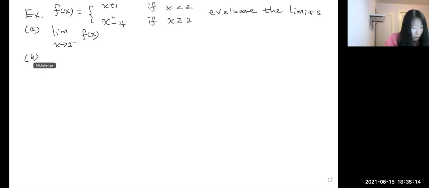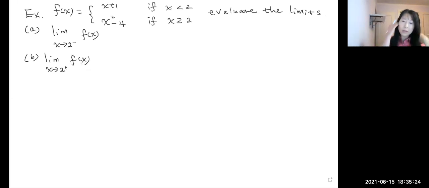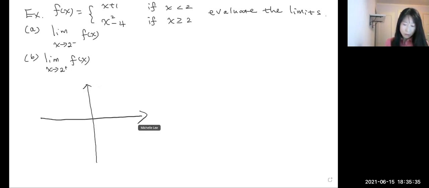Second one. So your homework looks like this, okay? So x plus 1 is a straight line, so let us draw. It's like that, right? Then x is less than 2.